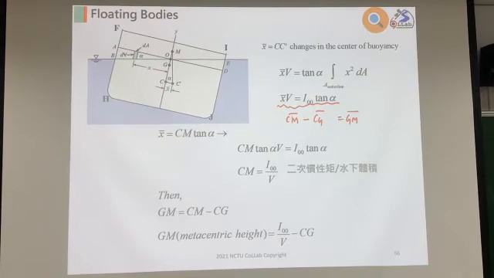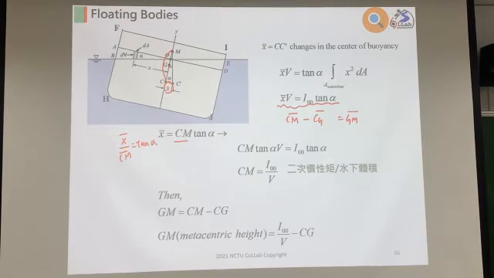But if you take a look at the X bar, it is equal to the CM distance multiplied by the tangent alpha, right? Because this is the CM distance, and this is the X bar. So we know the X bar divided by the CM distance is equal to the tangent alpha.